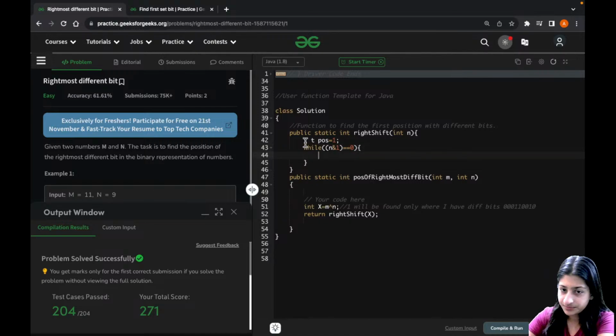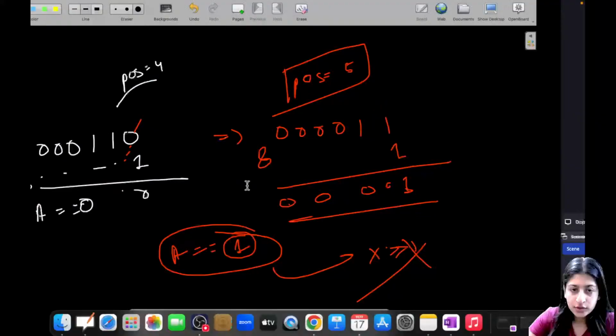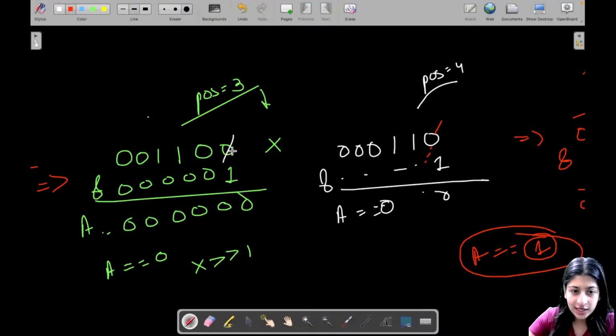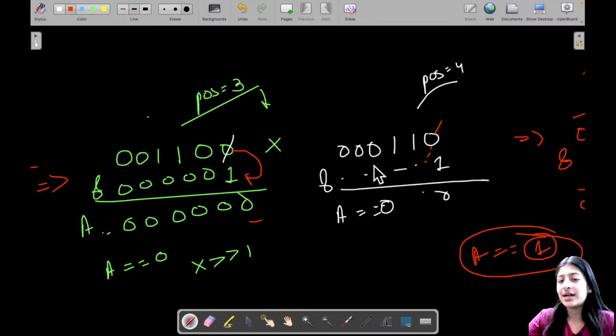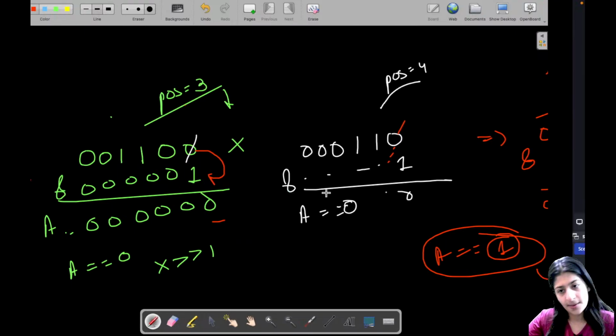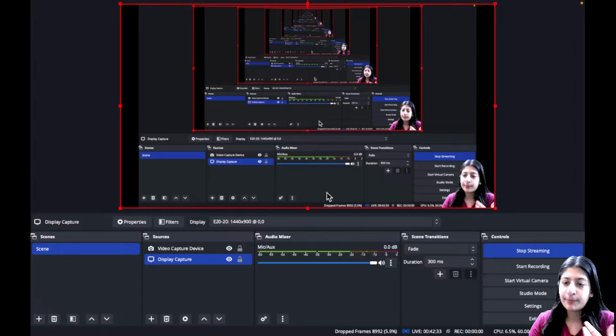Is that fine? You are doing N and 1. This is N, this is 1. You are doing its AND with it. You found a 0. So till you are getting 0, 0, 0, 0, you are doing the operation of what? You are first incrementing the count of position and you are doing the right shift on that X and repeating the same thing again. So I can write a loop for it.